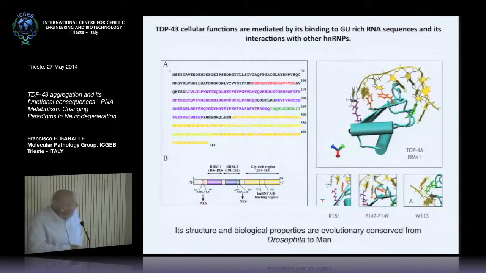A very interesting feature was that it's very, very well conserved, not only in structure, but also in function through evolution. So the Drosophila protein can be exchanged with the human protein, at least in the splicing function that we study.